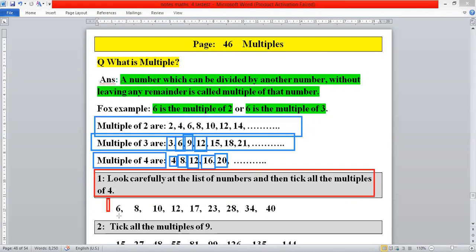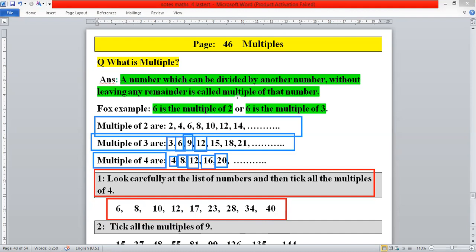Numbers are 6, 8, 10, 12, 17, 23, 28, 34, and 40. So first of all, we will divide one by one number by 4 because we want to find the multiples of 4.